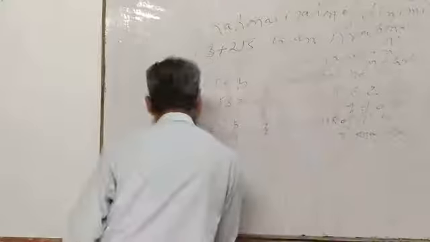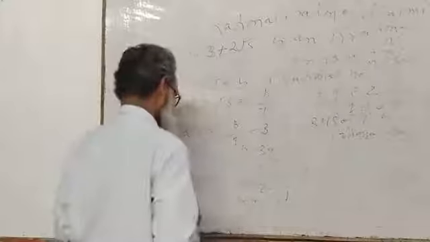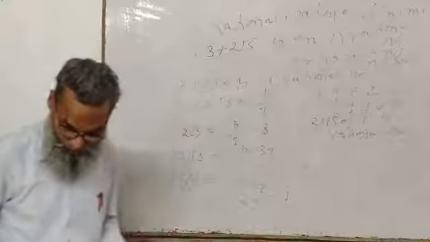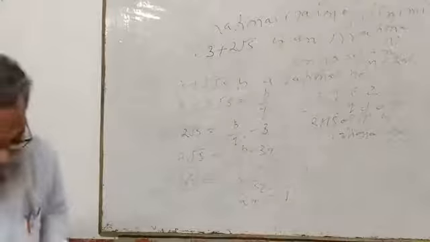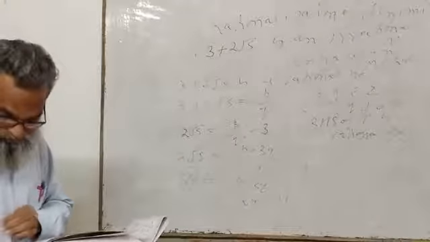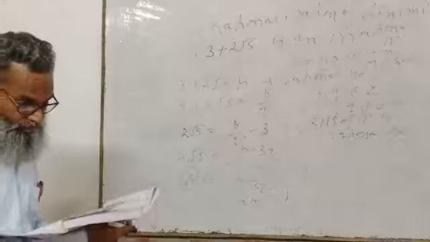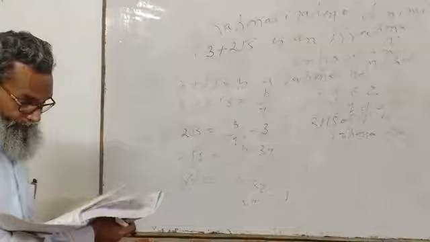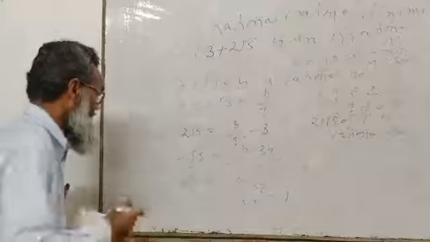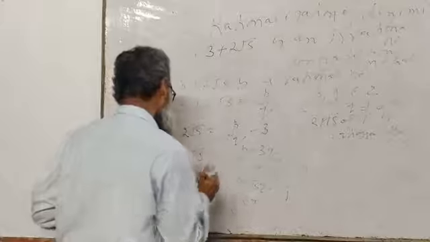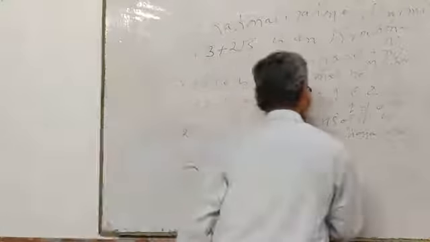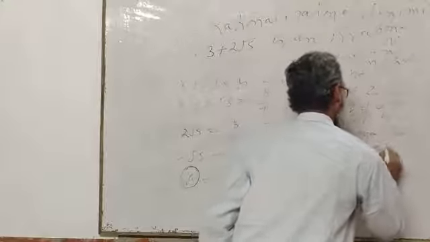Now come to this side, root 5. Here you need to show whether root 5 is a rational number or not. Suppose root 5 is a rational number.